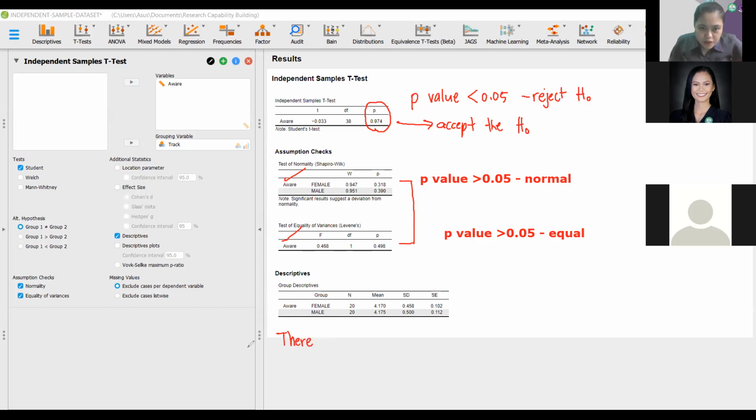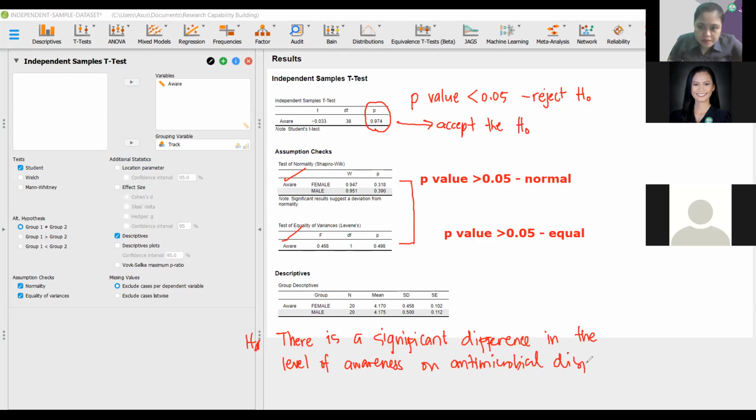So pwede natin siyang, una for the HA, there is a significant difference in the level of awareness on antimicrobial dispensing between the male and female community pharmacist. So, ito yung ating HA.